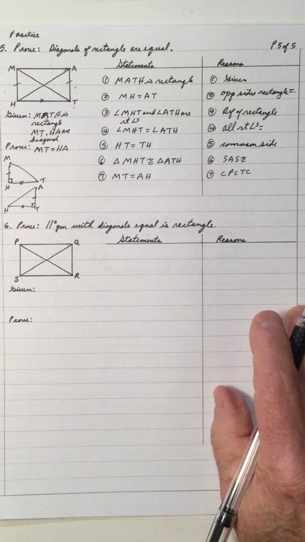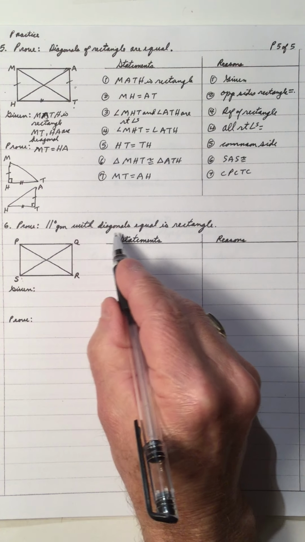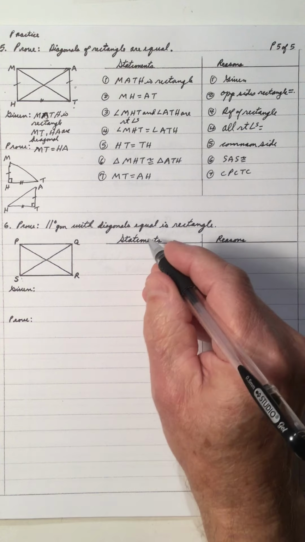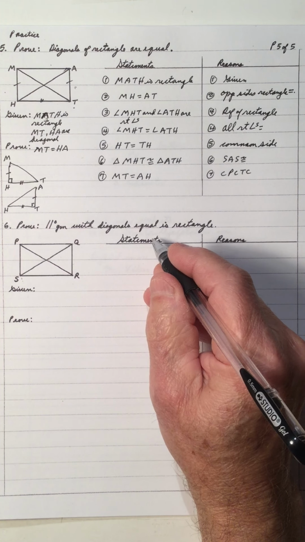And number 6, prove a parallelogram with diagonals equal is a rectangle. A parallelogram with diagonals equal is a rectangle.